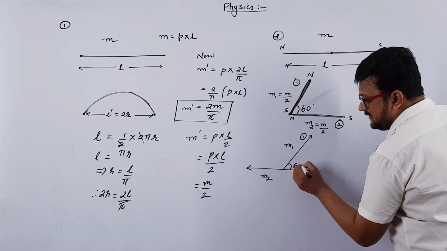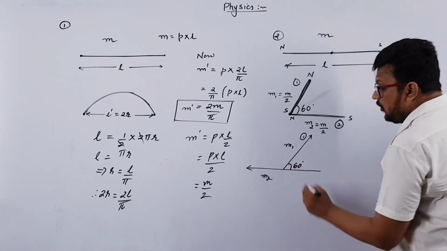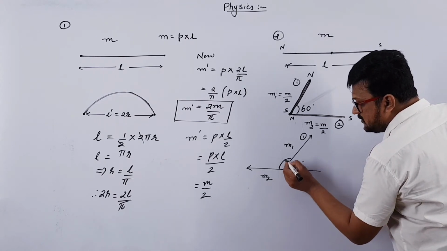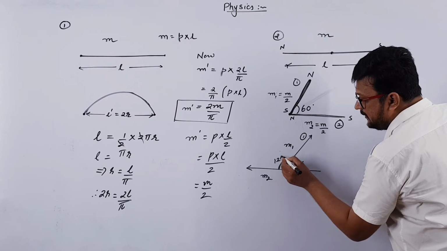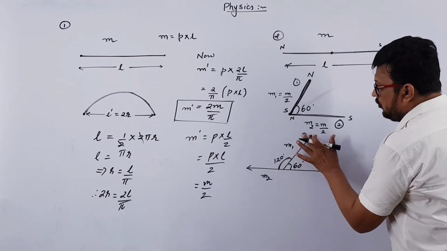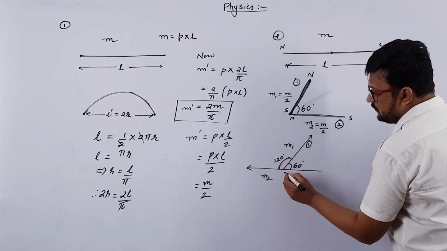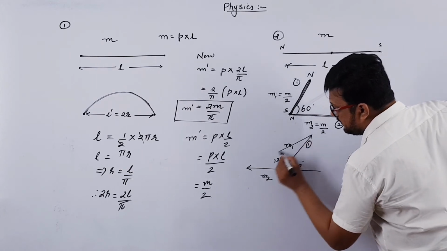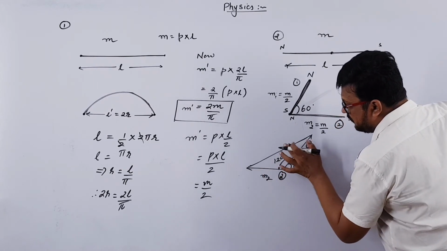This angle is given as 60 degree, but if you want to use the law of parallelogram, the angle we have to consider is 120 degree. According to the law of parallelogram, with the first one and the second one, this will be the resultant magnetic moment.